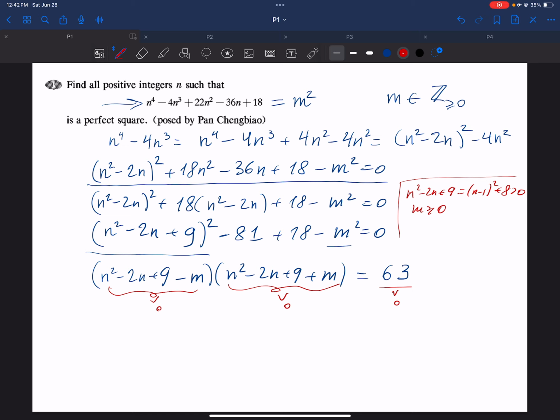Well, I guess the first one is 1 times 63. Another is, well, let me write 63 as 7 times 9, right? So it's 3 times 3 times 7. So it's 1 times 63, or 3 times 21, or 7 times 9. Yeah, there are only 3 options.